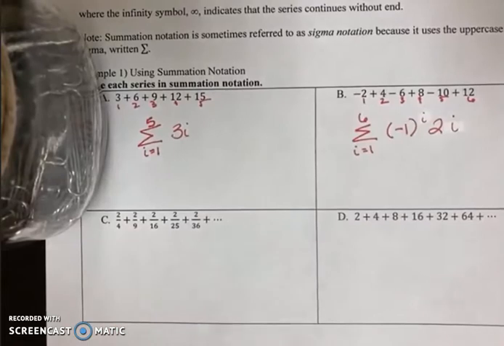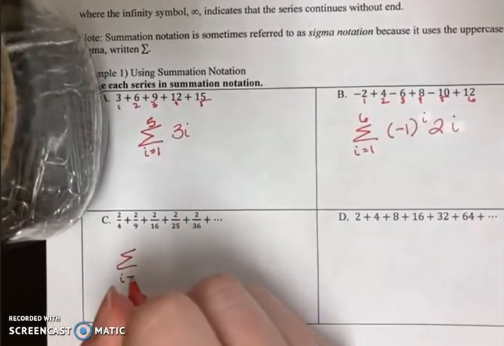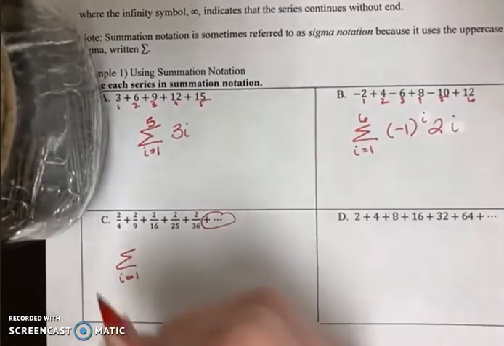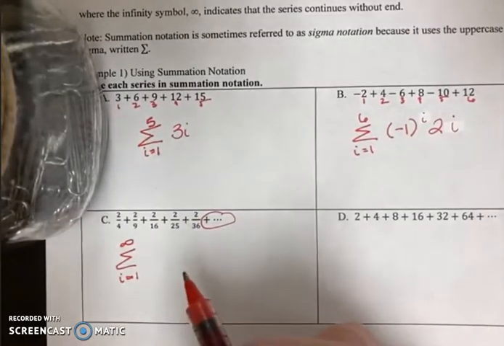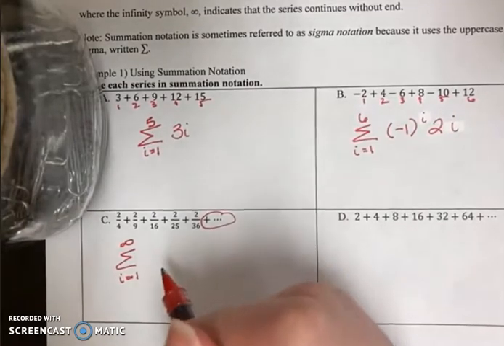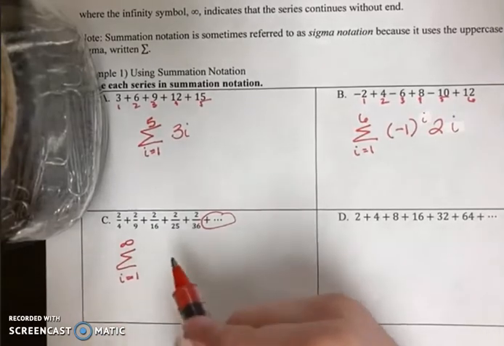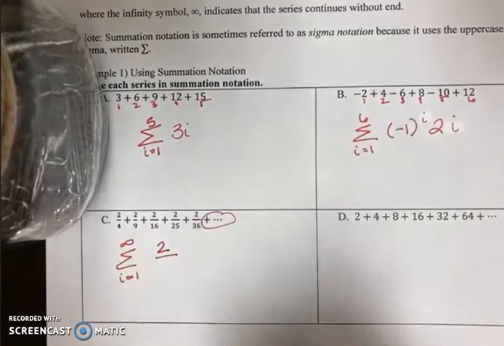All right, C, we have our summation. We're starting at 1. And then notice how it says plus dot dot dot. So that means its upper limit will be infinity because it's an infinite series. And then we're just going to write the rule in terms of i, or whatever variable you used here. Looking at these terms, I see that it always has a 2 in the numerator.